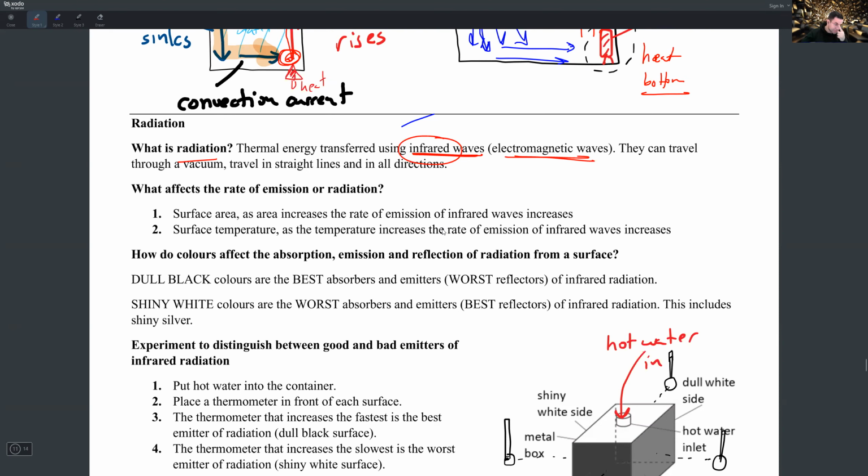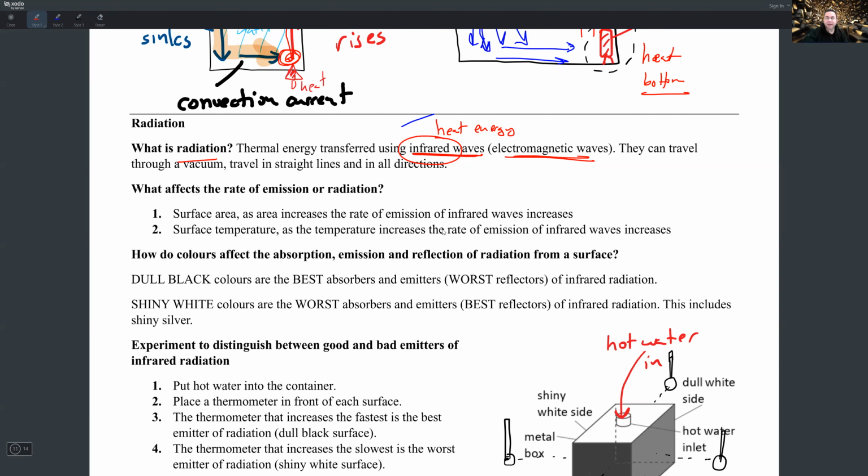Infrared waves are just like light waves. They're electromagnetic, meaning they travel in straight lines, they can go through a vacuum, they go in all directions. بس بدل ما بيعملوا transferring light energy, they transfer heat energy. وطبعا لما الwaves دي تطلع وتخبط حاجة, that object absorbs it, الحاجة بتسخن. Done. So it's just a wave.